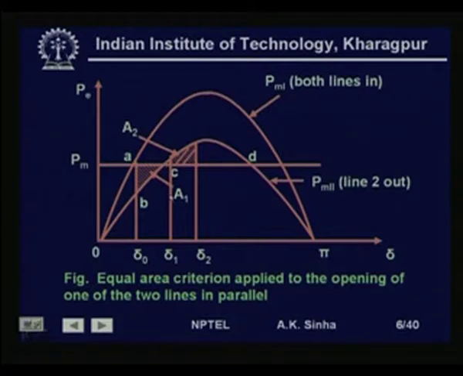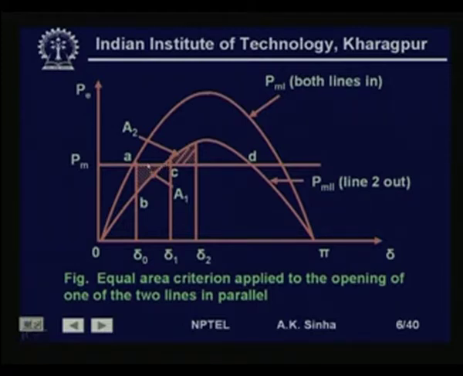In fact, this line should be at this point. Finally, there is going to be an oscillation of the delta angle about this point C, and the oscillations will finally be damped out and the system will start working at this point C.